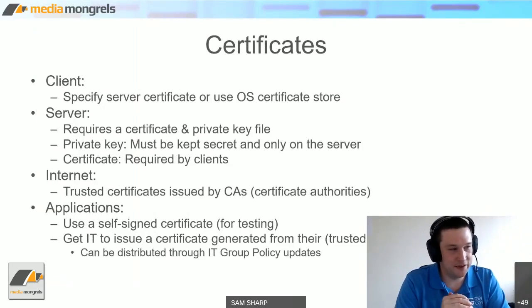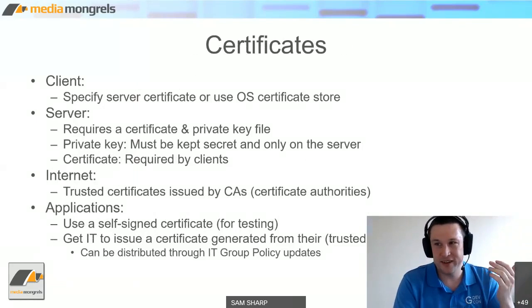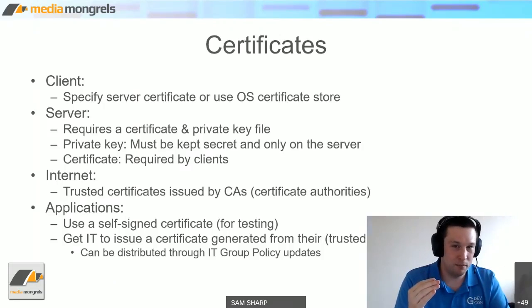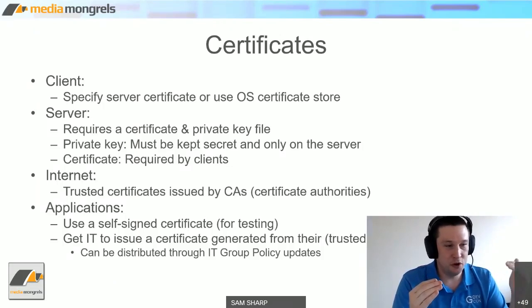Within our applications, I'd be interested to have some discussion about this. If you're doing testing, you can use a self-signed certificate, like I did in my example. If you're deploying an application on a local area network, your IT department might give you a certificate signed through them or through their own certificate authority that you can use for your applications.